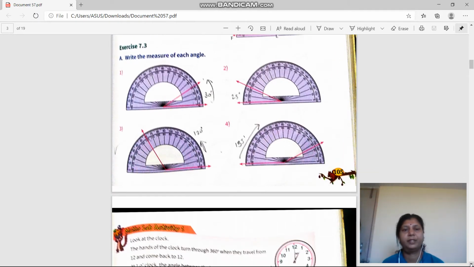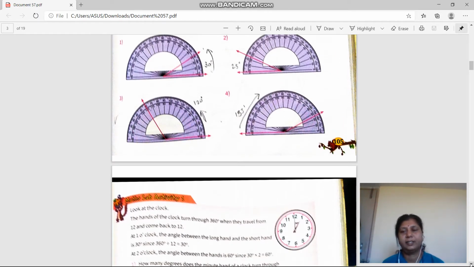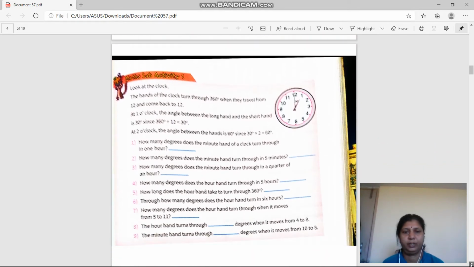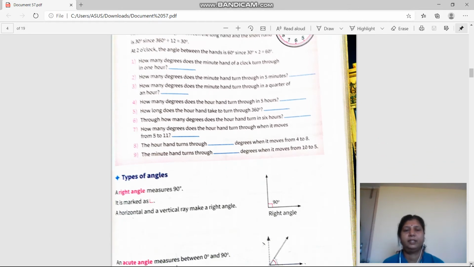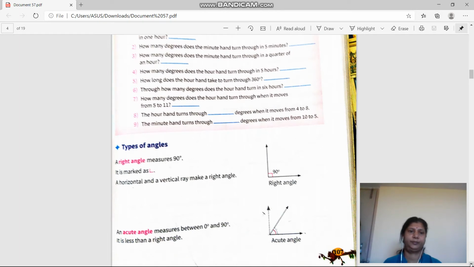This is how we measure the angles in exercise 7.3. Next we study the types of angles. A right angle measures 90 degrees. A horizontal and vertical ray make a right angle.